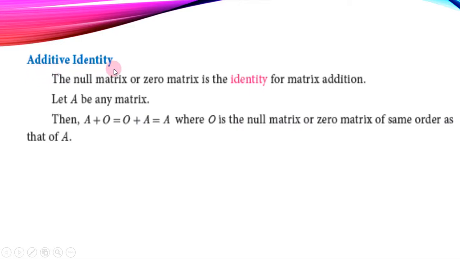Okay, now additive identity. The null matrix or zero matrix is the identity for matrix addition. Let A be any matrix, then A plus 0 equal to 0 plus A equal to A, where 0 is the null matrix or zero matrix of the same order as that of A, right?